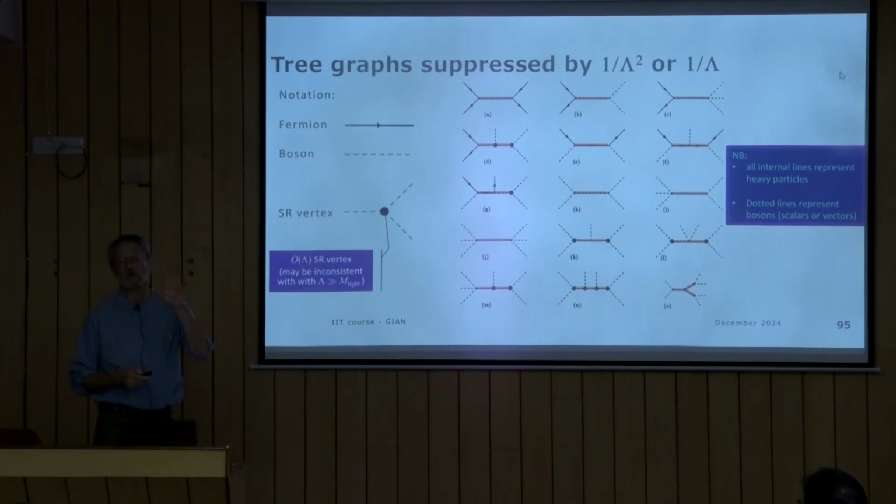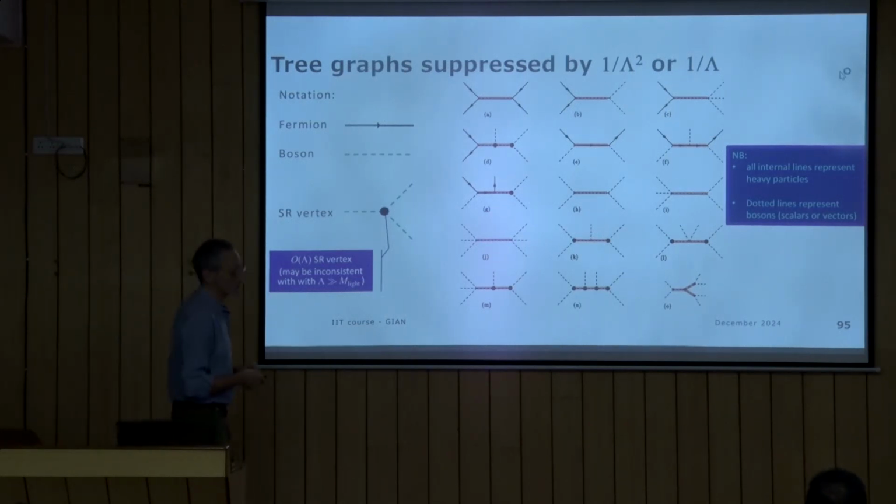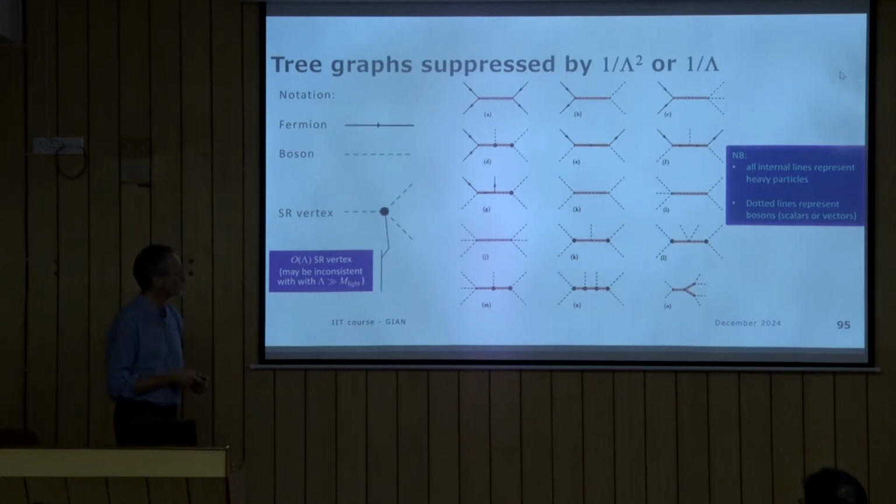Some of the operators will correspond to nothing here. So for example, you see no graph that has 3 dotted external lines. These are the ones that I've excluded earlier today. Those are the ones that are forbidden at tree level. There are operators that certainly show up with this.